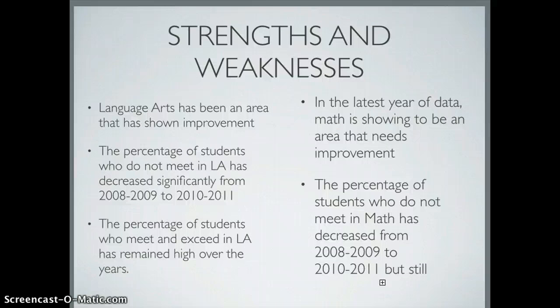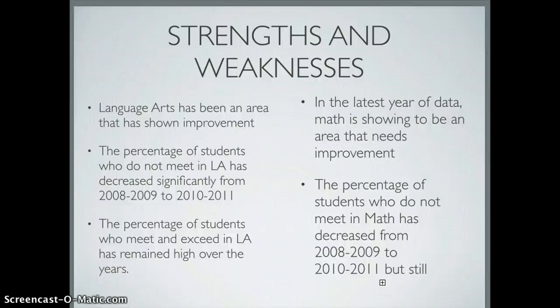We can see that language arts has been an area that has shown improvement, as we just looked at in our pie chart, more improvement than math. And the percentage of students who do not meet in language arts has decreased significantly over those 3 years we were looking at. The percentage of students who meet and exceed in language arts has remained high over the years, so it's a little bit higher than it was for math.